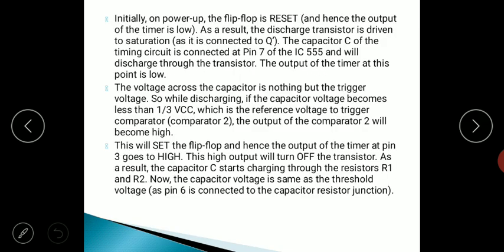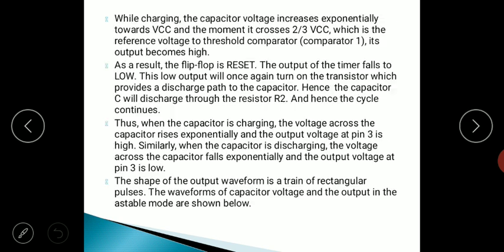So when the capacitor C starts charging and the capacitor voltage reaches 2/3 of VCC, the reference voltage of the upper comparator, the comparator 1 output will become high, and when comparator output 1 becomes high, the flip-flop is reset.